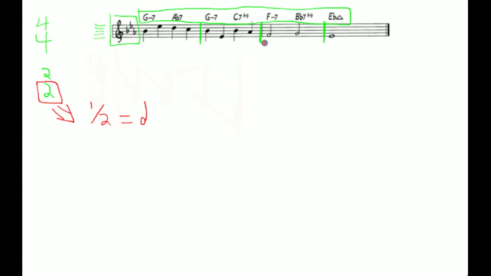Doesn't this measure fulfill that clause? It says we're going to have 2 half notes in a measure. So 2/2 time could work as well. And what is one other time signature that could work for this example?